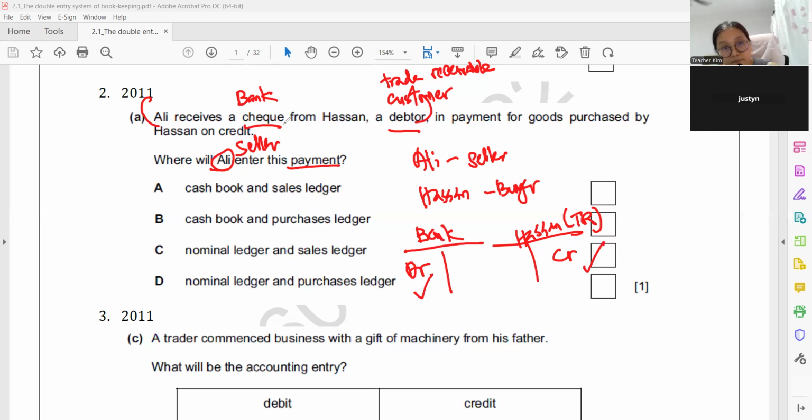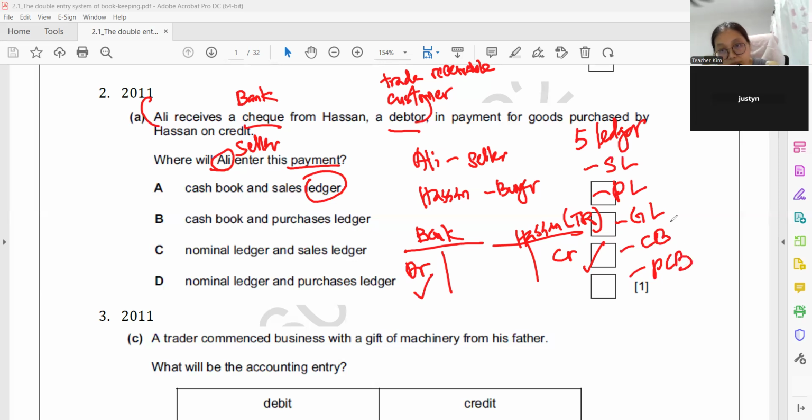First of all, talk about the ledger. You have 5 ledgers: sales ledger, purchases ledger, general ledger, cash book, petty cash book.